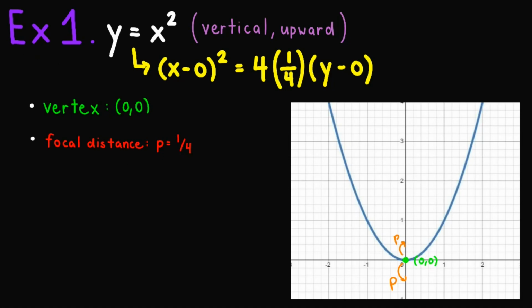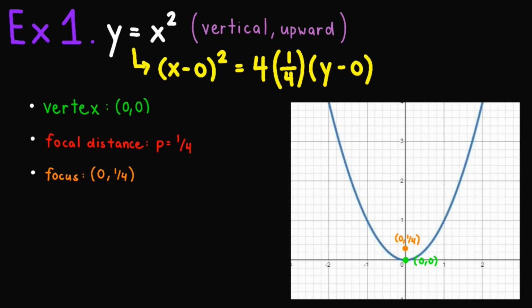So given the (0, 0), to move it up, we need to add in the y component out here. So we add the focal distance, which is 1/4. So adding 1/4, we'll obtain (0, 1/4). So this one represents the focus of the parabola.